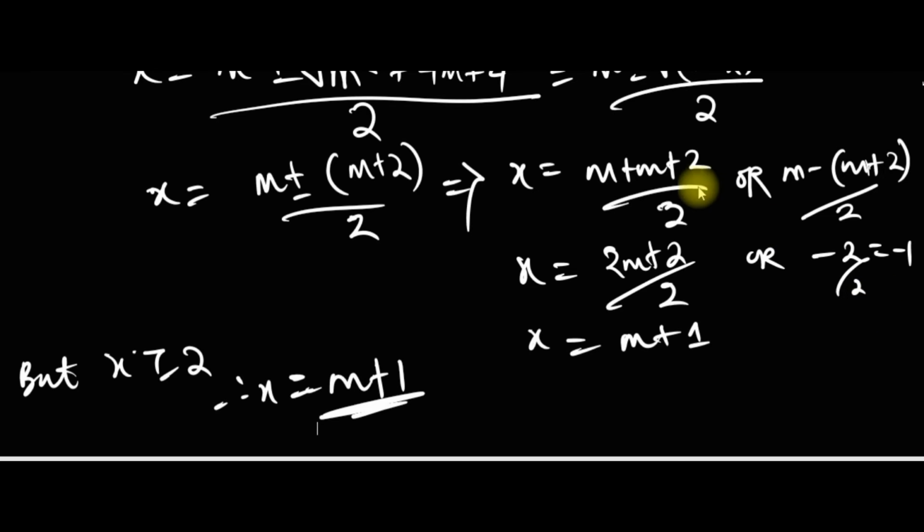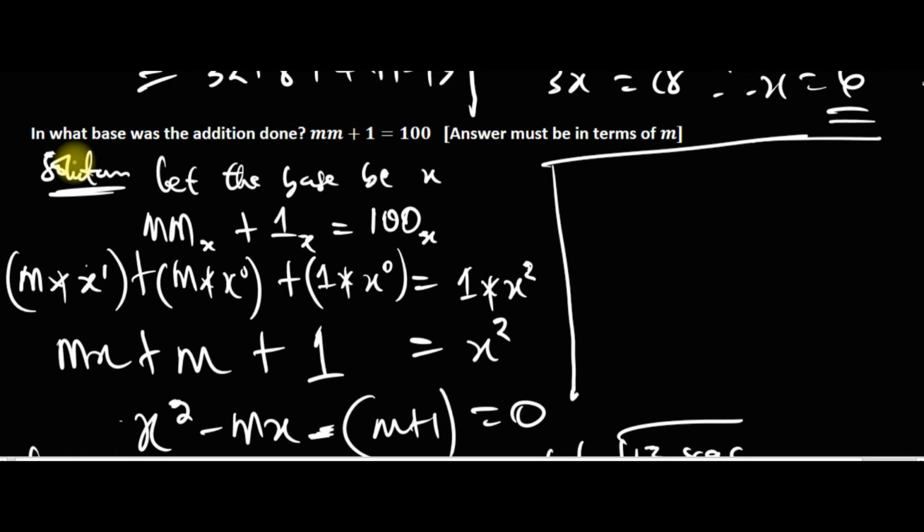But again, we can solve this equation fast, because assuming this is an equation of this type, we can solve it quickly. This is the original question, and this is 100, this is 1, and these two are the same digit. So you see that this could be 99. 99 plus 1 is 100, meaning that the base in which the addition was done is base 10.